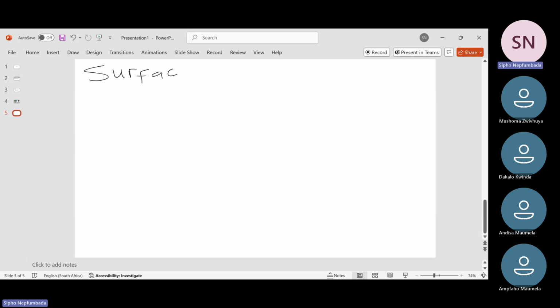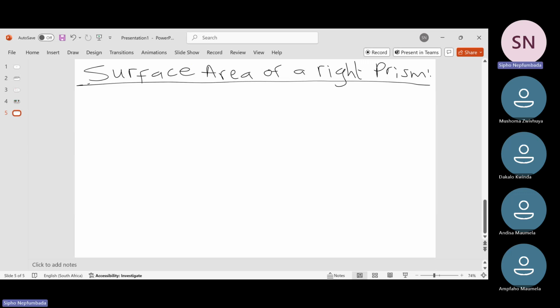You understood this formula: surface area of a right prism, where we said surface area is nothing but equals to 2BH plus 2LH plus 2LB. Are we good?